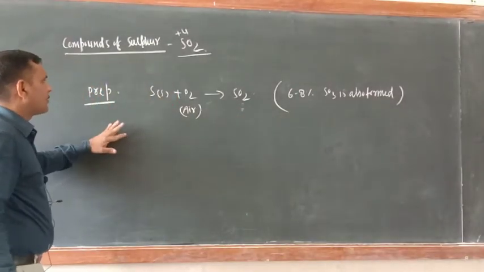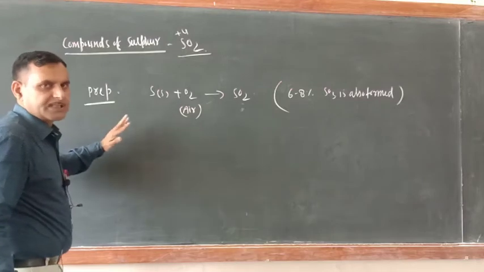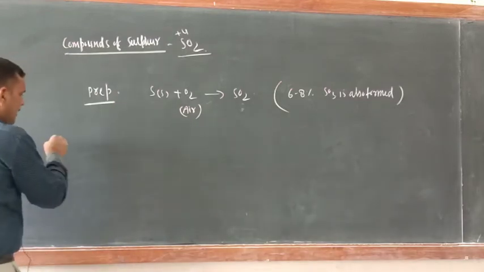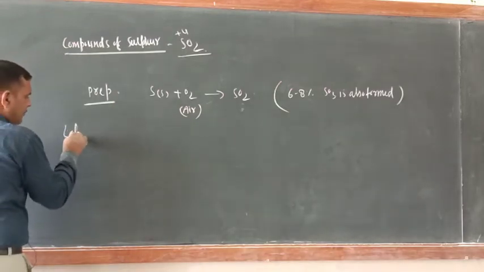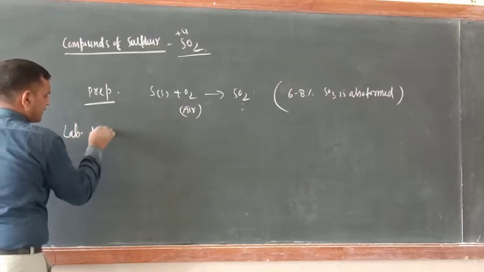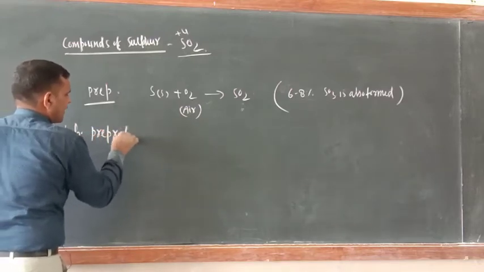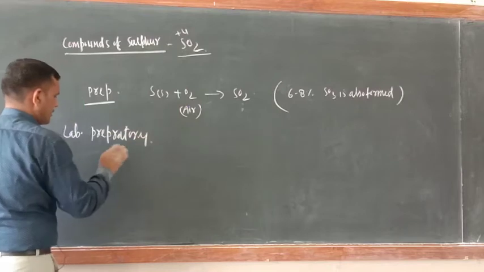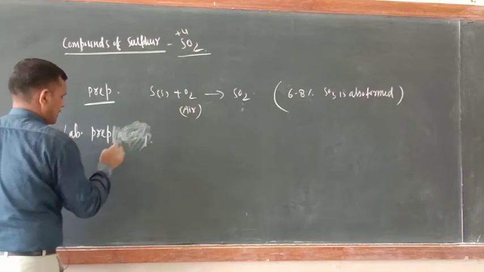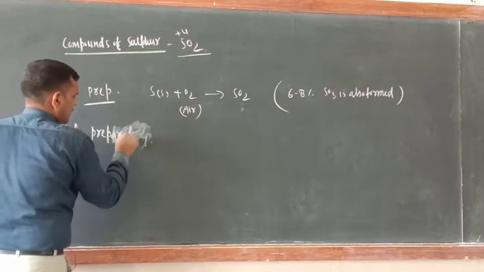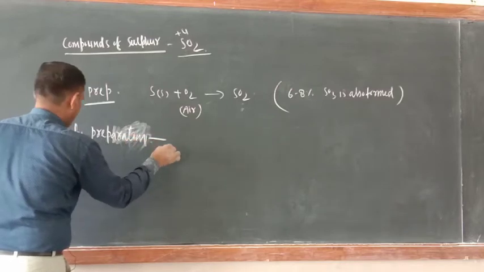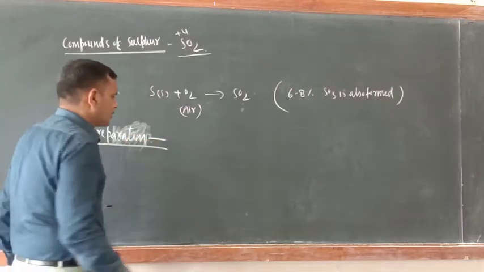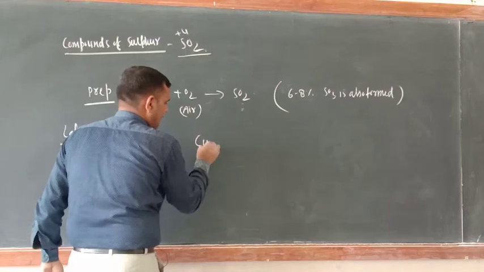So try to understand, the better preparation is the laboratory preparation. So in the laboratory, how? Laboratory preparation. Just see, in the laboratory, SO2 is prepared with the help of copper turnings.